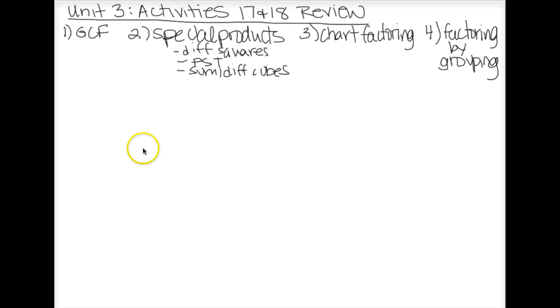Again, I'm just going to try to pick a few of each type, but it's not going to be all inclusive. So first one I'm going to look at is 4A.